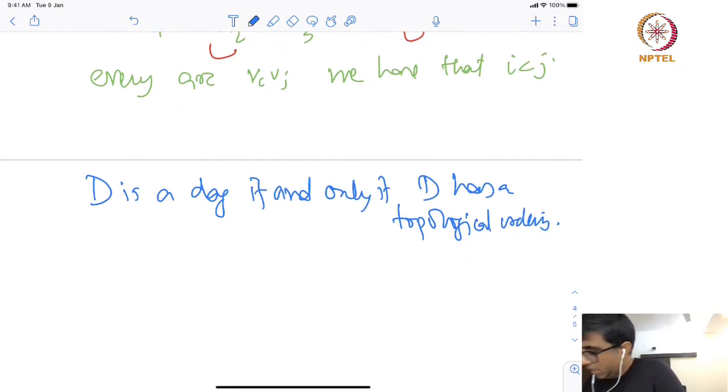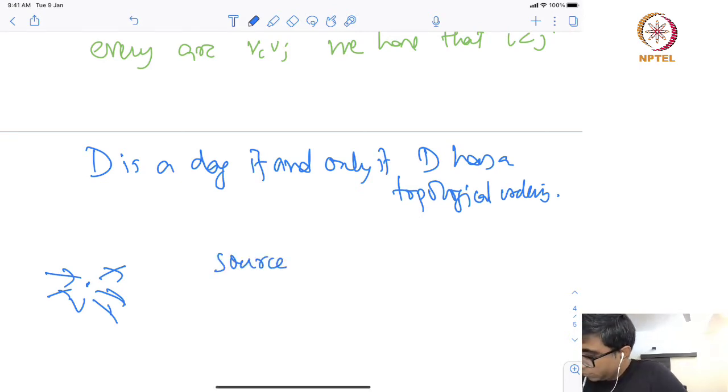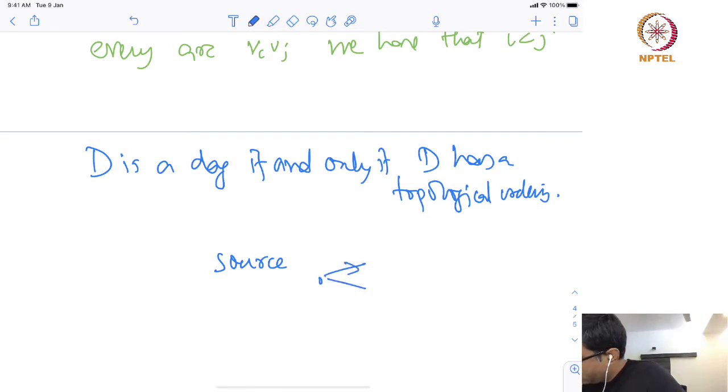And how is this topological ordering found is that you first find a vertex which is what is called a source. What is a source vertex? A source is a vertex which has only out arcs and no in arcs.